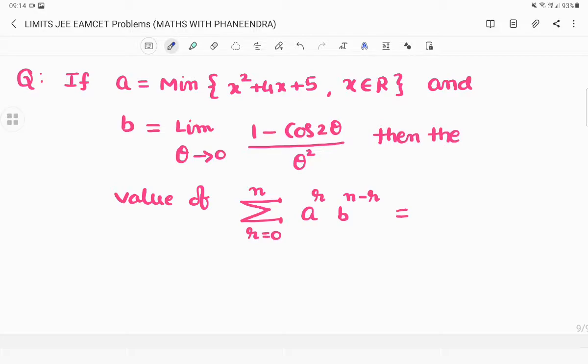So the questions which are asked in competitive examinations, especially JEE Mains, MHT CET and BITSAT, these type of competitive exams, they ask questions mixing two concepts, two chapters, like quadratic expressions and limits, like trigonometry and limits. Like this way they are asking. That means they are giving some twists. So we will do the question.